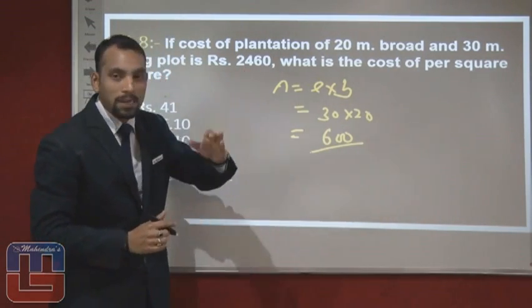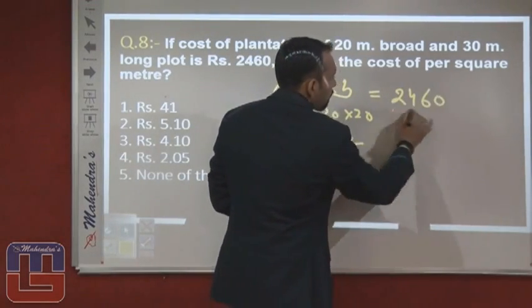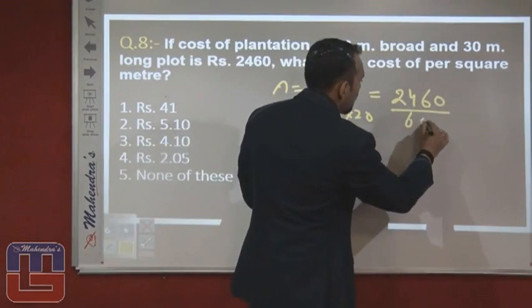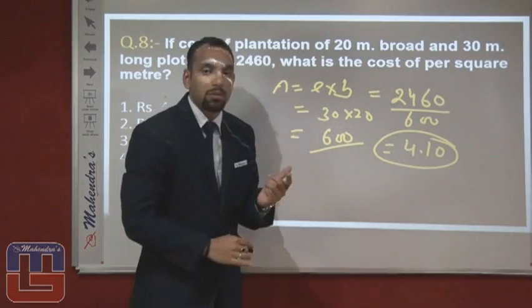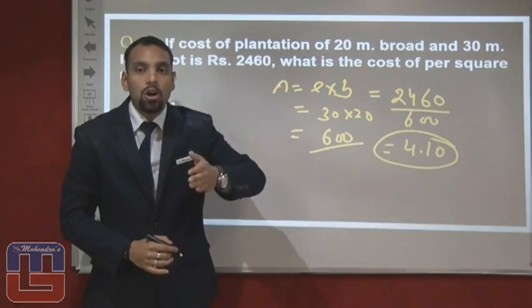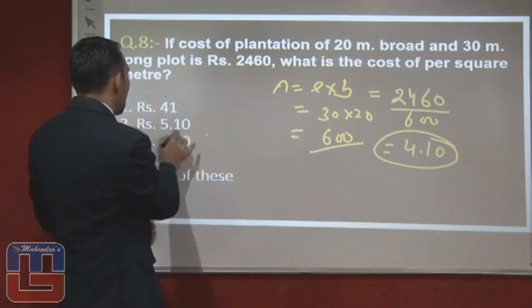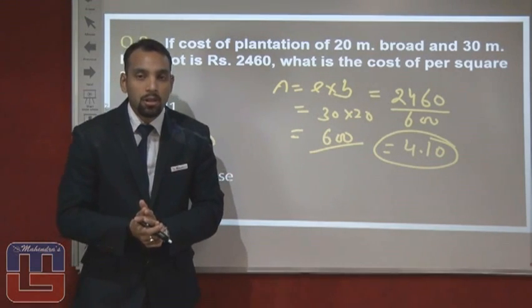So cost of per square meter will be equal to 2460 divided by 600, and that will be equal to 4.10. That means 4 rupees 10 paise will be the cost of per square meter. Now see the option, you can see the third one will be the correct answer of this question.